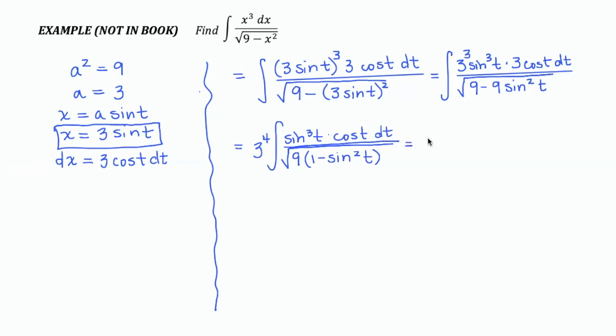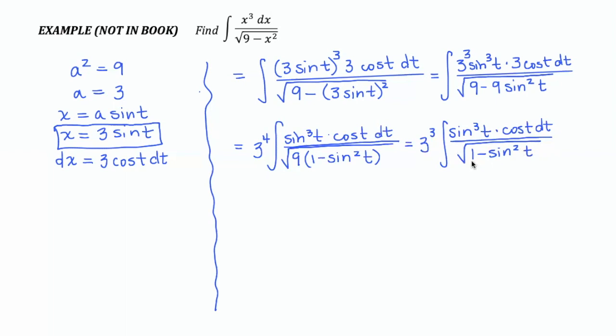So skipping a couple of steps there, I'm going to make it 3 cubed integral sine cubed t times cosine t dt all over the square root. So I've taken this 9 out as a 3, and again, because it was underneath, I just reduced that exponential expression. And now I have 1 minus sine squared t left.